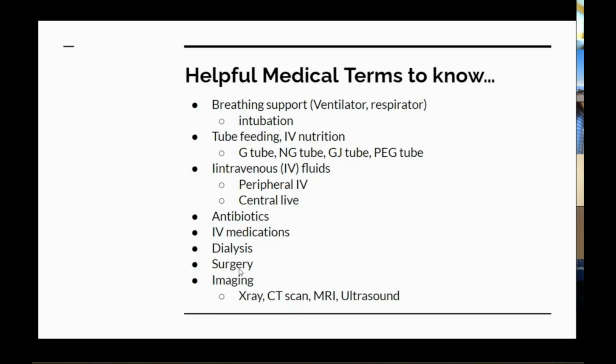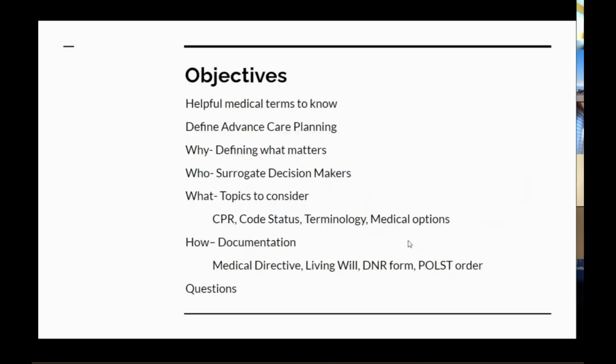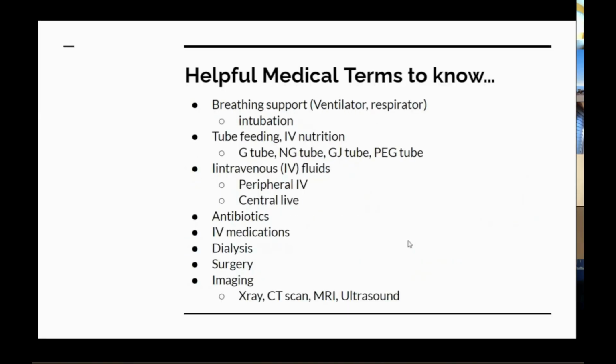And then surgery, of course, there are several types of surgery with different purposes, but good to think about that as a type of medical care. And then finally, imaging. So that's all your pictures, right? Is there a need for x-rays, a CT scan, an MRI, ultrasound, and other types? So those are just some general medical things to kind of orient you to words you might hear.